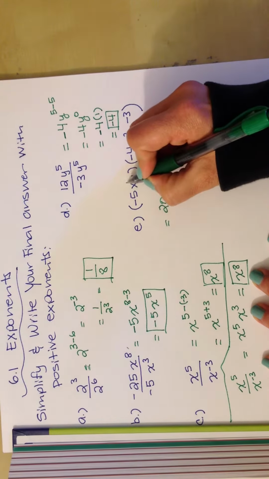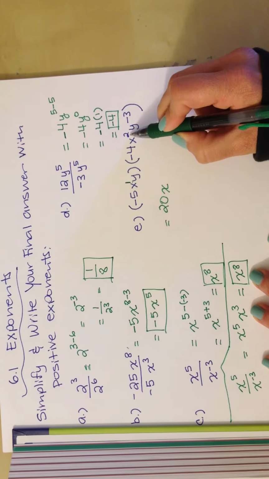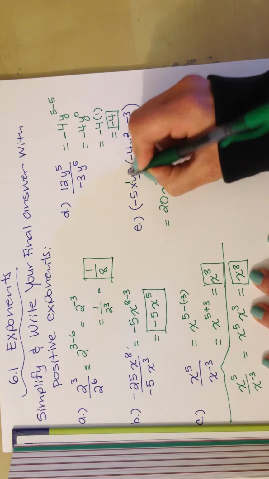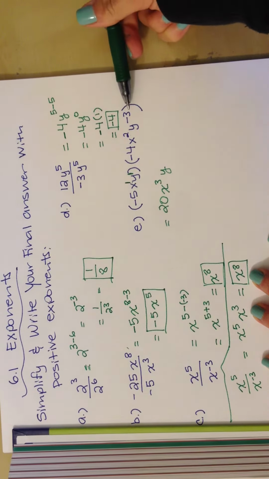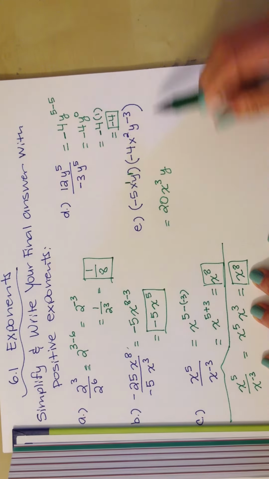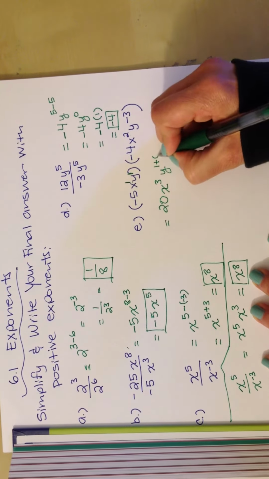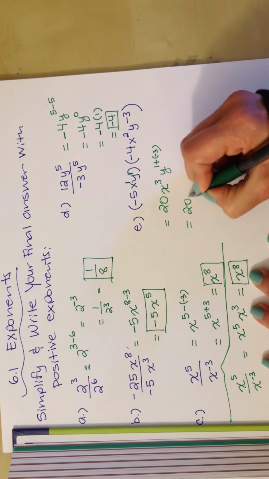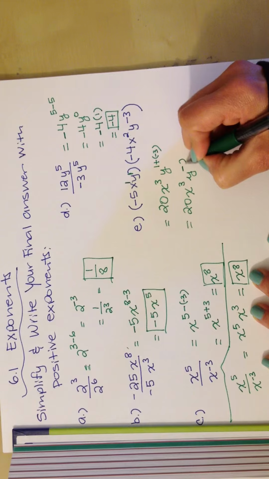X has an exponent of 1, so it's really going to be 1 plus 2, x cubed. Y has an exponent of 1. Right here, be a little careful because we have a negative 3 exponent. So it's really 1 plus a negative 3, which gives us 20 x cubed y to the negative 2.